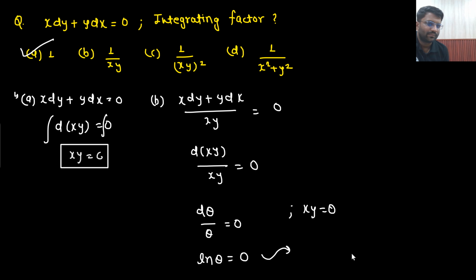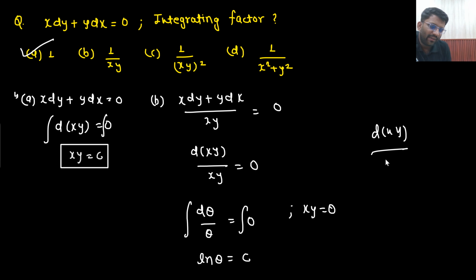So ln theta equals constant. Sorry guys, what I have done is that on both sides I have integrated. Are you able to understand this point? d of xy divided by xy.